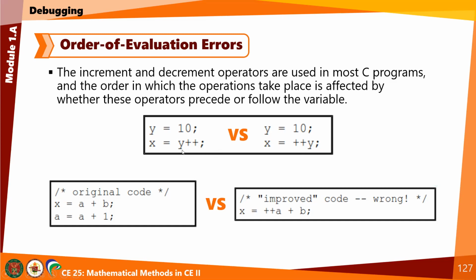So here, in this case, the value of x is still 10, right? Kasi after this line pa mangyayari na y equals 11. However, here, nangyari na yung plus plus. So, ang value dito is 11 na. So, x equals 11. Then, after that line also, y equals 11.